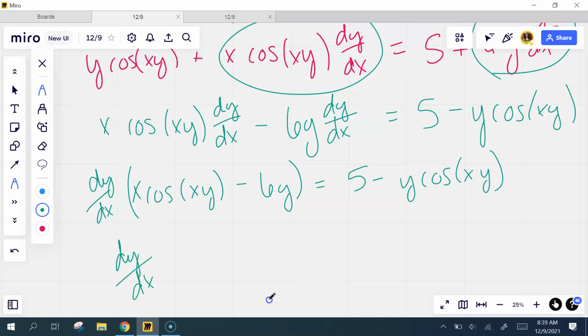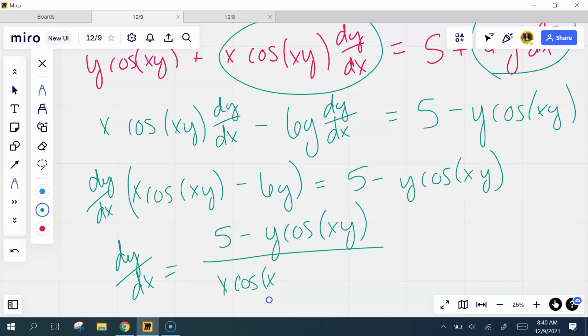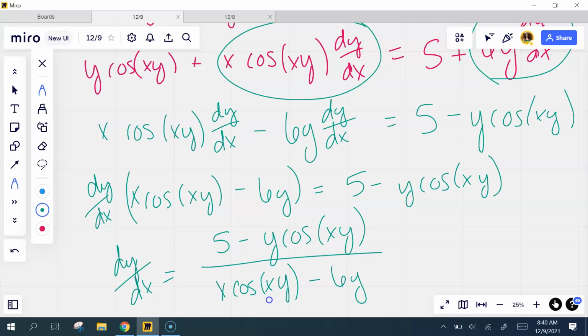dy/dx equals. Did I leave the answer like this, or did I go back in and plug in y? Understand, I could have to figure out what y is if I need to write it just in terms of x.